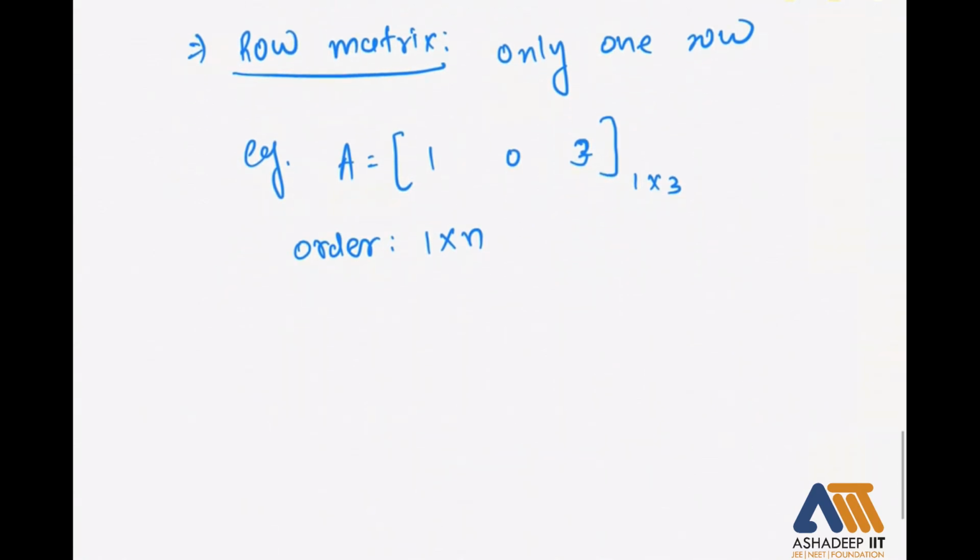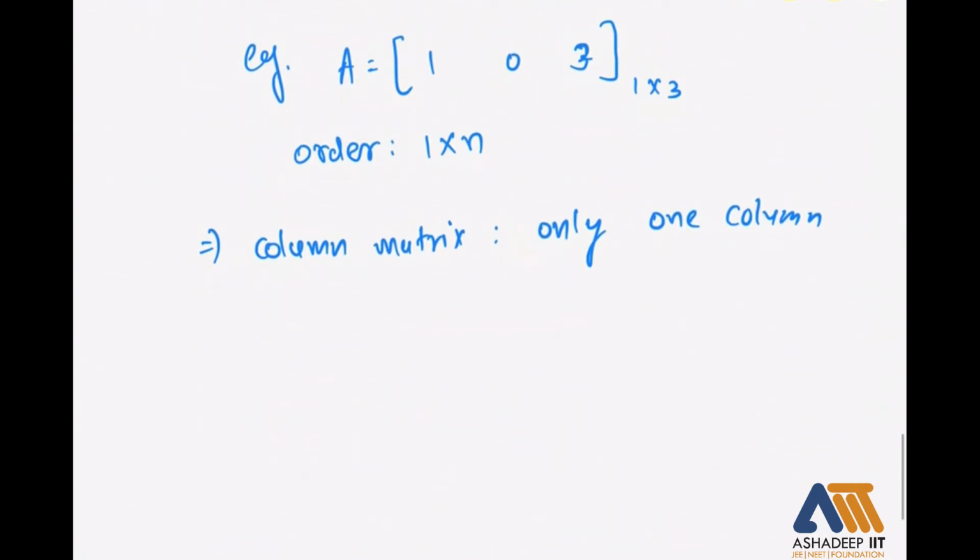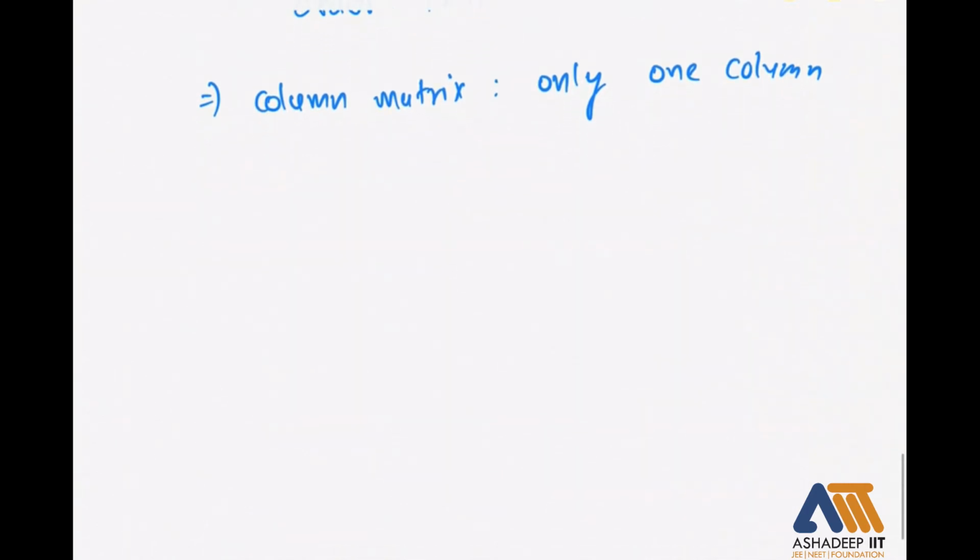Similarly, column matrix. If in any matrix there is only one column, then it is said to be a column matrix. For an example, let matrix X is equal to 7 2 3.